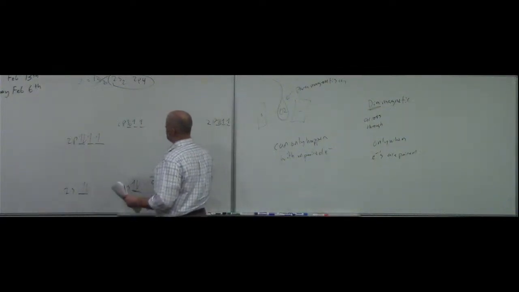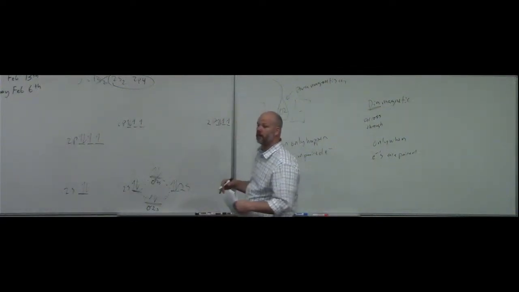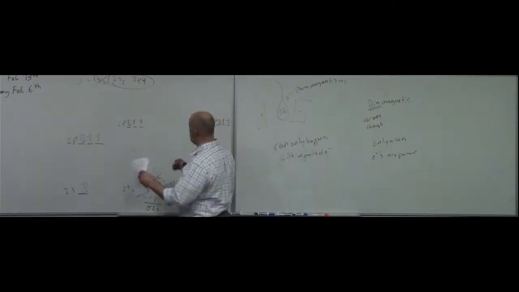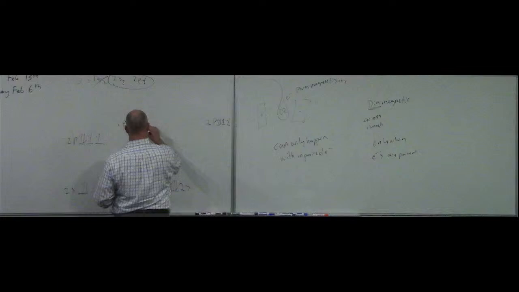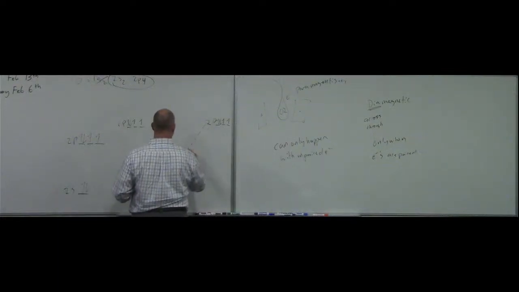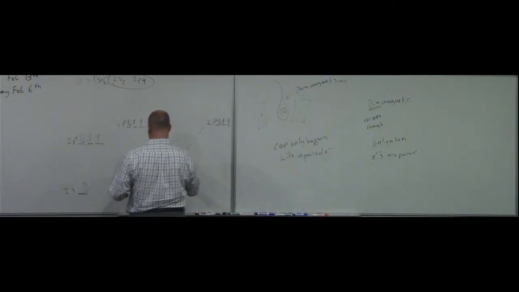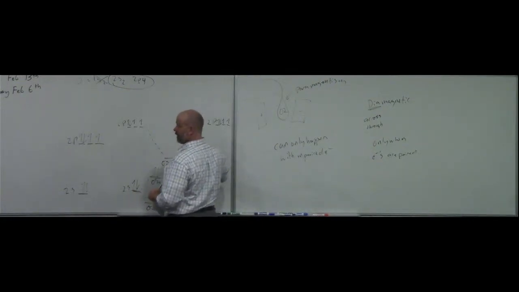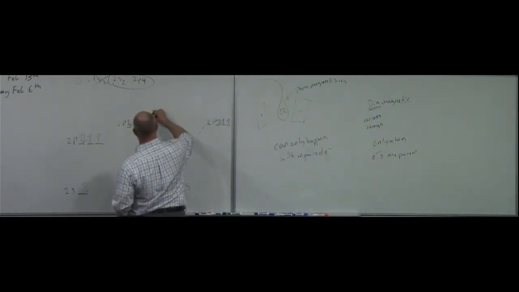Okay, now, p orbitals form sigma bonds and pi bonds, right? So the lowest energy one is going to be my sigma 2p. Well, for every molecular orbital, I have to have an anti-bonding molecular orbital.